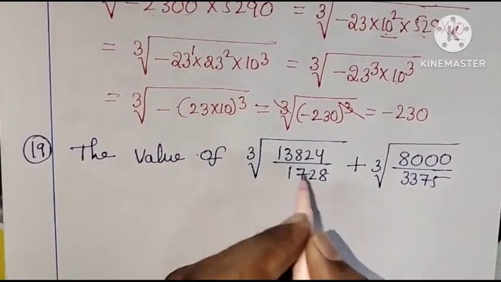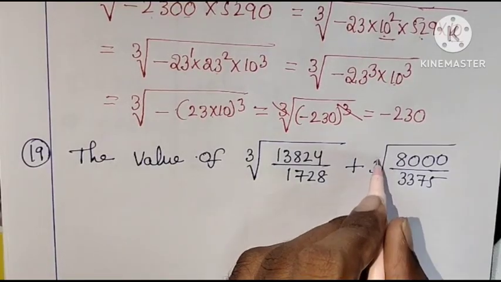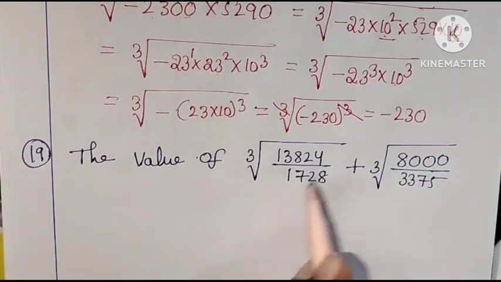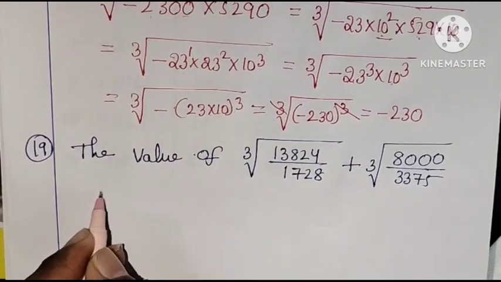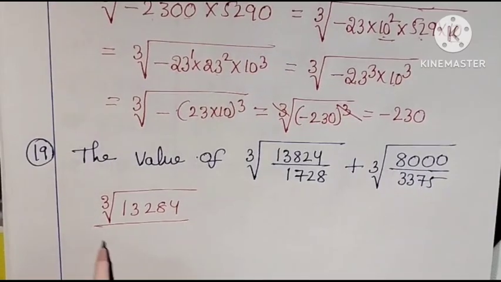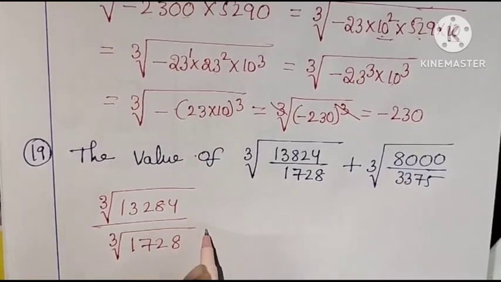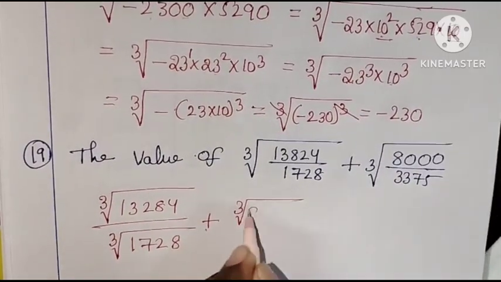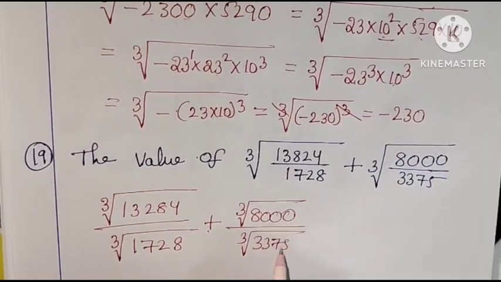The value of cube root of 13824 by 1728 plus cube root of 8000 by 3375. So find the values of the cube roots. Cube root of 13824 by cube root of 1728 plus cube root of 8000 by cube root of 3375.